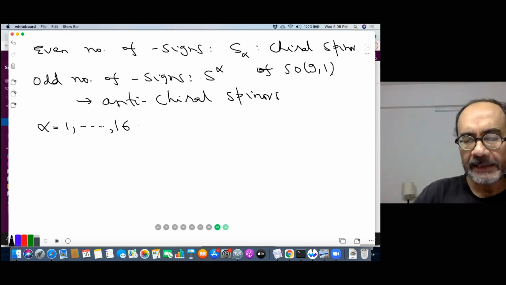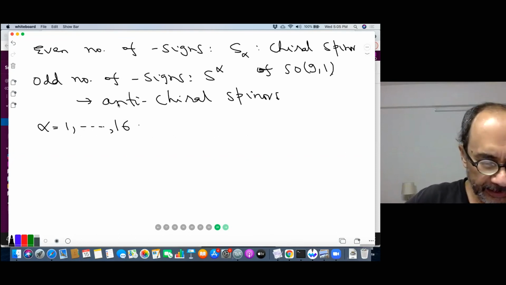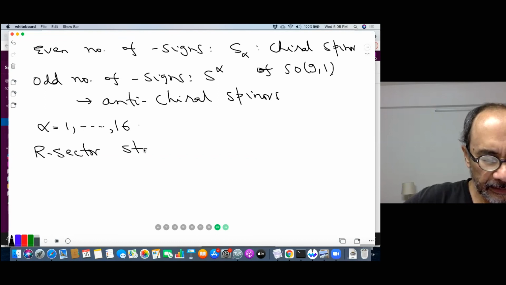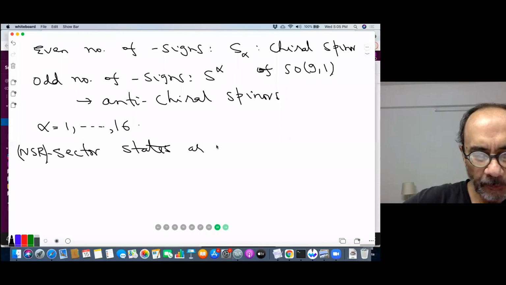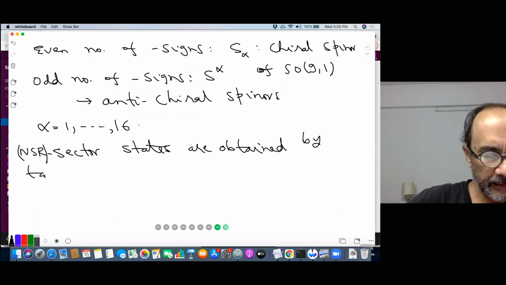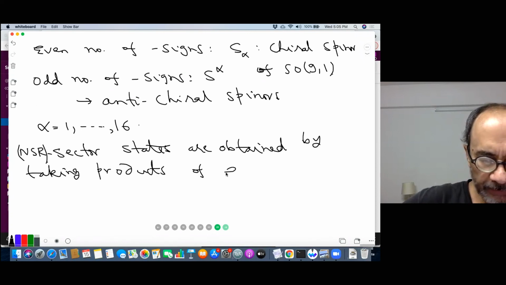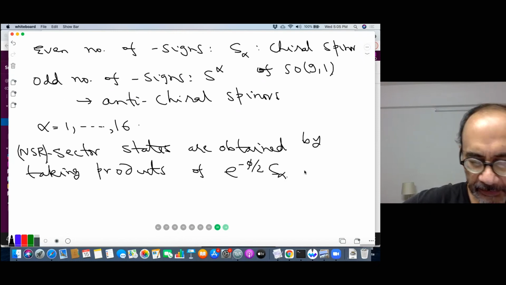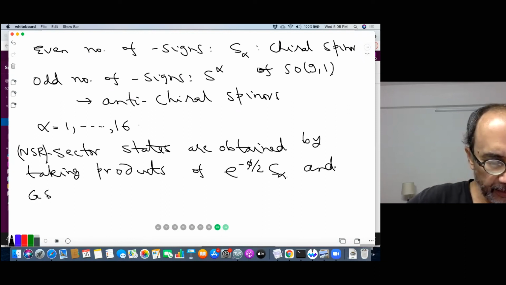So the idea is that the Ramond sector states, or NSR states, let me say, Ramond on the holomorphic side, are obtained by taking products of e to the minus phi by 2 S alpha and GSO even NSNS operators.